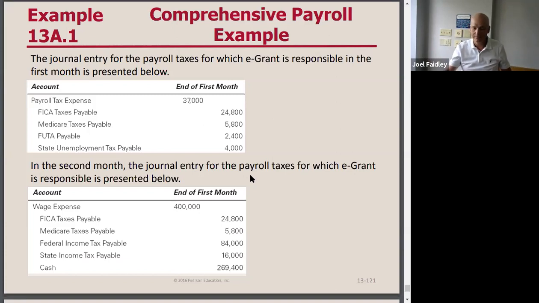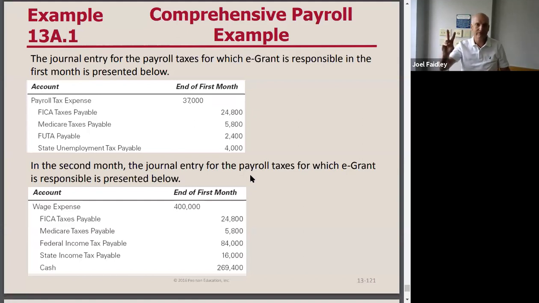So there at the bottom of the page is the employer wages, right? $400,000 is the wages that you paid as expense. The cash is the take-home pay. That's what's coming out of the bank. These other payables are going to come out of your bank, but they're going to be paid to someone else, not the employee. Maybe on the employee's behalf, but it's going to go somewhere else, not into your individual employee's account.